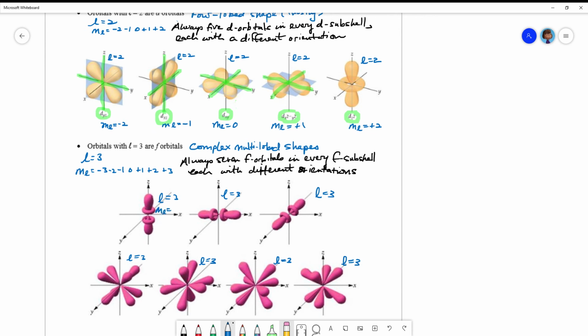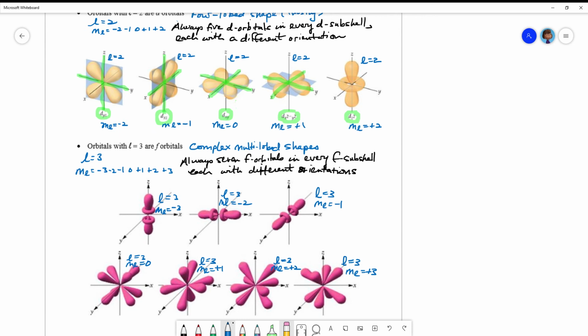So m sub L, -3, m sub L, -2, -1. And again, arbitrary, m sub L, 0, m sub L, 1, m sub L, 2, m sub L, 3 to indicate the differences in their three-dimensional geometries in space.